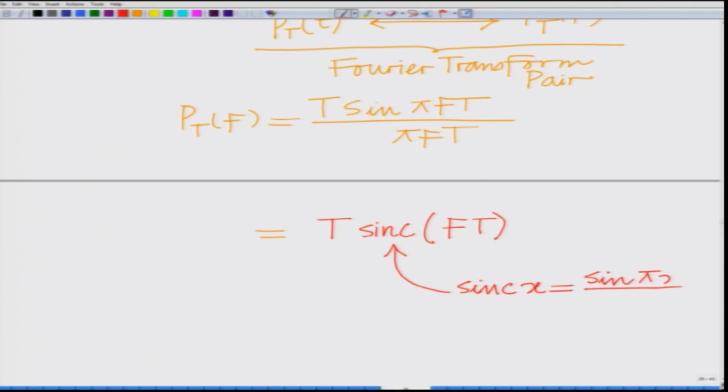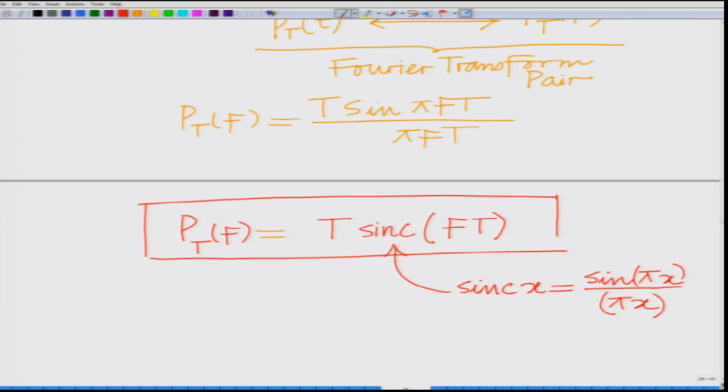This is defined as sin pi x over pi x. So, I can conveniently write this using the sinc function, which is colloquially simply called the sinc function. I can write this as capital T times sinc(fT), where capital T is the duration of the pulse. Sinc denotes the sinc function, where sinc of x is sin of pi x divided by pi x.